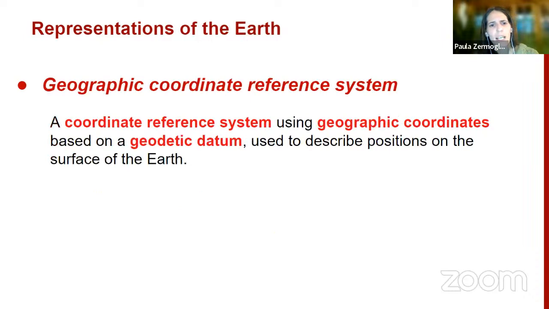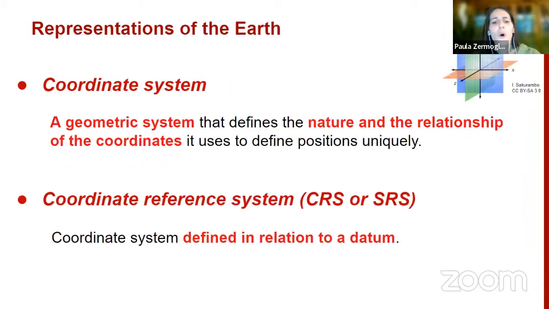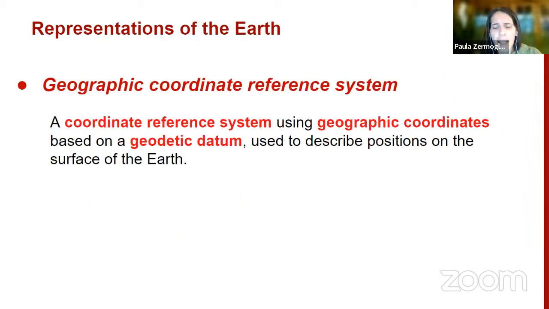So we're saying coordinate system, coordinate reference system, and we can specify a geographic coordinate reference system, which is a coordinate reference system that uses geographic coordinates and is based on a geodetic datum. We're going to see datum a little later, but this is an important thing. It's geographic coordinates for a geographic coordinate reference system.